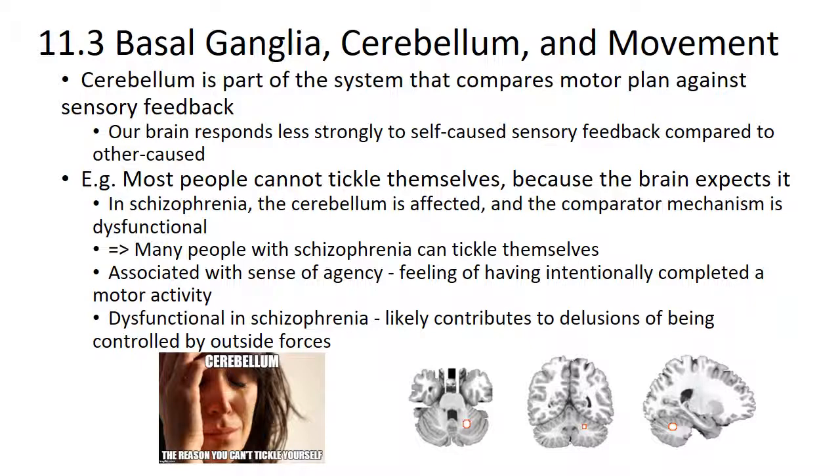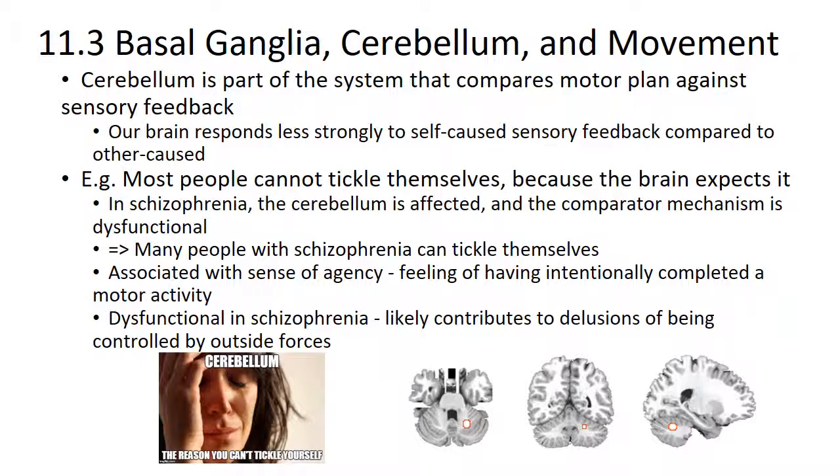And as this comparison is associated with a sense of agency, or a feeling of having intentionally completed a motor activity, this dysfunctional comparator mechanism has been implicated as a possible reason that people with schizophrenia have delusions of being controlled by outside forces.